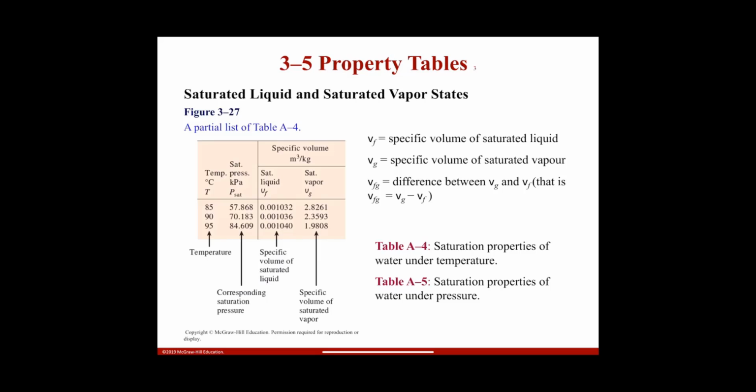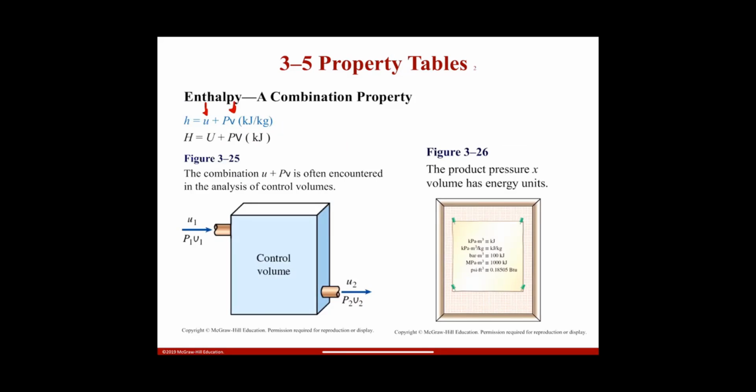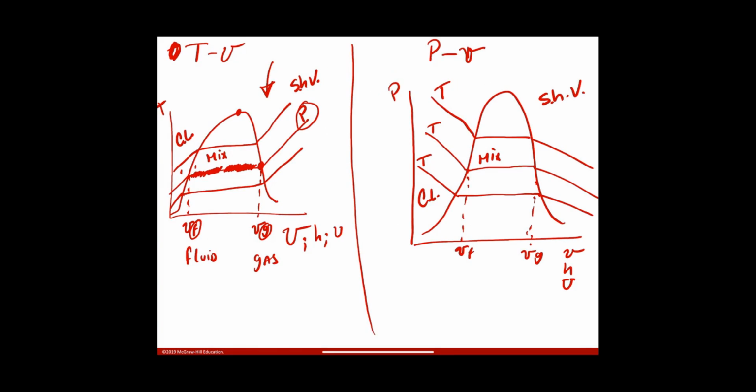So, saturated liquid and saturated vapor states. What happened in these ones? Let me just go back to this. Saturated liquid, saturated vapor, saturated liquid, and saturated vapor. We need to do something about it because why is that? For a compressed liquid, the properties can be found very easily, okay?